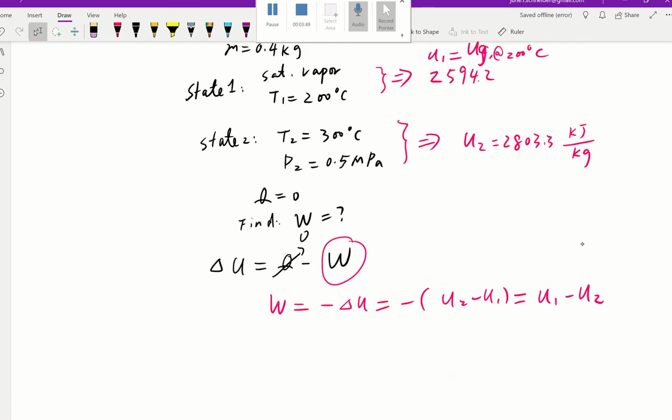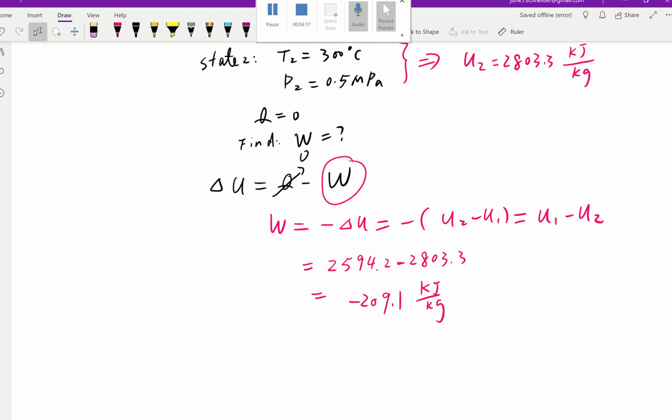Knowing that, we bring it back to this equation. We have U1 as 2594.2 and U2 as 2803.3, in kilojoules per kilogram. 2594.2 minus 2803.3 gives us negative 209.1. However, since the problem gives us the mass, the small w means work per unit mass, so we multiply the mass, 0.4 kilograms, times negative 209.1.